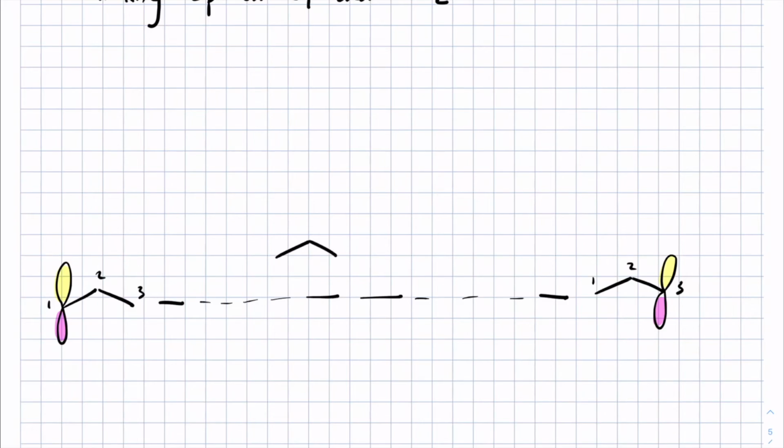One that looks like this, and the other that looks like that. They look exactly the same except for the difference in phases. So far, there's no change in energy because there's no overlap. Though we will notice that the second orbital we drew has a node, no orbital density on carbon 2.